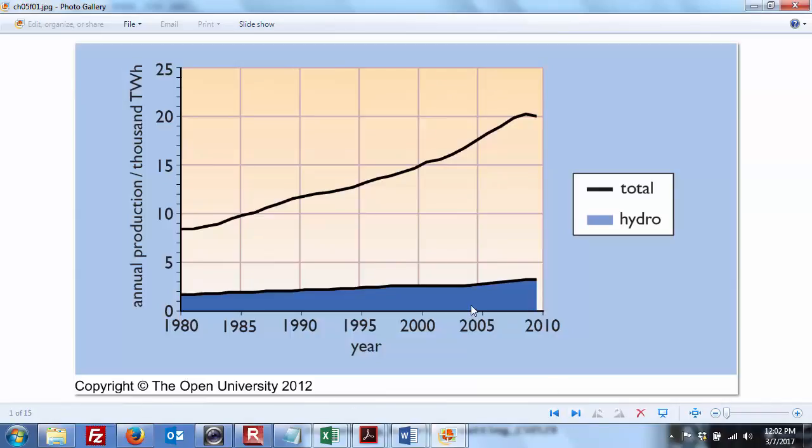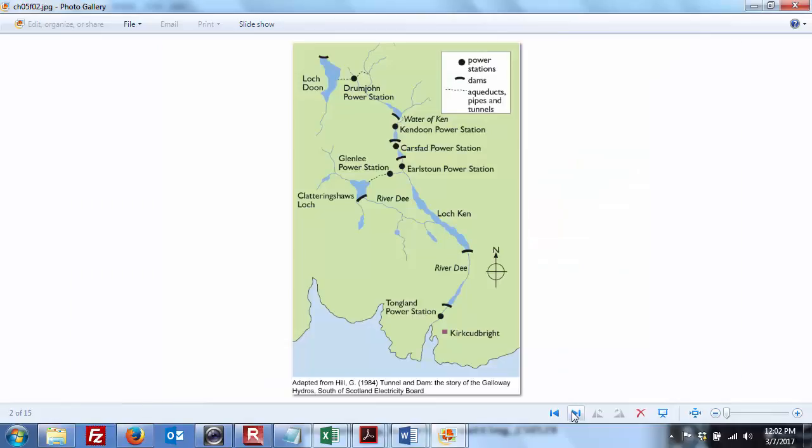So hydro has sort of grown steadily. It's showing that annual production sort of peaked in a way a few years ago, and so hydro also kind of steadily continues to grow. At some point, you just run out of things to dam up, and you can't go any further. But what we're seeing here is hydro is sort of a base load.